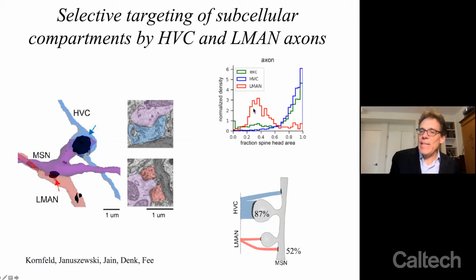Now, I'm not showing the data here, but we've also found that the few spines that do receive LMAN inputs are significantly smaller than those that receive HVC inputs. And at the bottom here, you can see a simple graphical summary of the way HVC axons and LMAN axons distribute their connections onto spines and shafts. And you can see that LMAN axons have a preference for making contacts onto dendritic shafts.